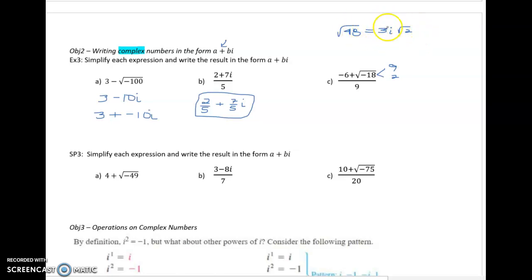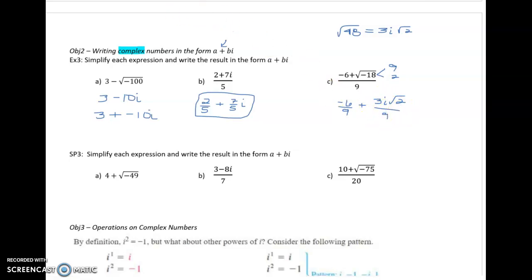When you're writing it with an integer and a radical, we kind of put the i in the middle. But for these, we're going to put an i at the end. So eventually we're going to move that i over, and I'll do that at the end. So we have negative 6 over 9 plus the square root of negative 18 became 3i radical 2 over 9.